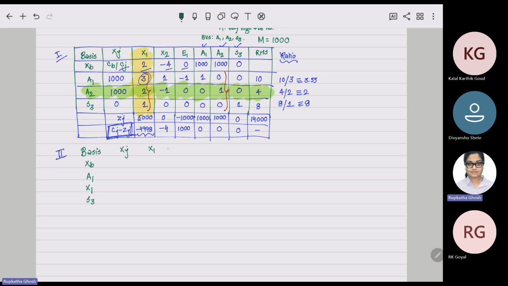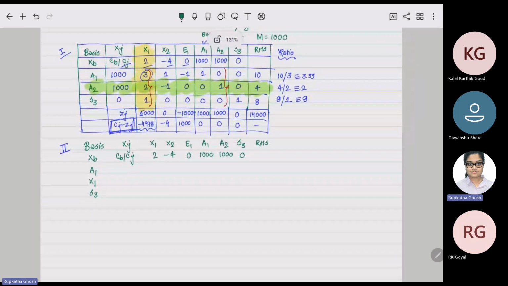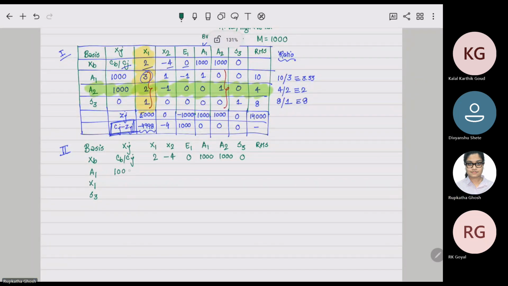Xj remains the same: X1, X2, E1, A1, A2, S3, right hand side. Then CB by CJ: 2, minus 4, 0, 1000, 1000, 0. A1 is 1000, X1 is 2, S3 is 0.